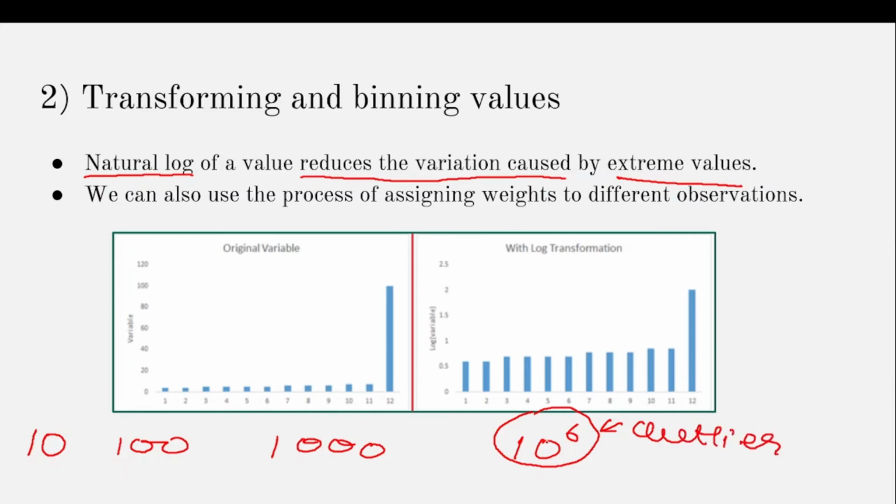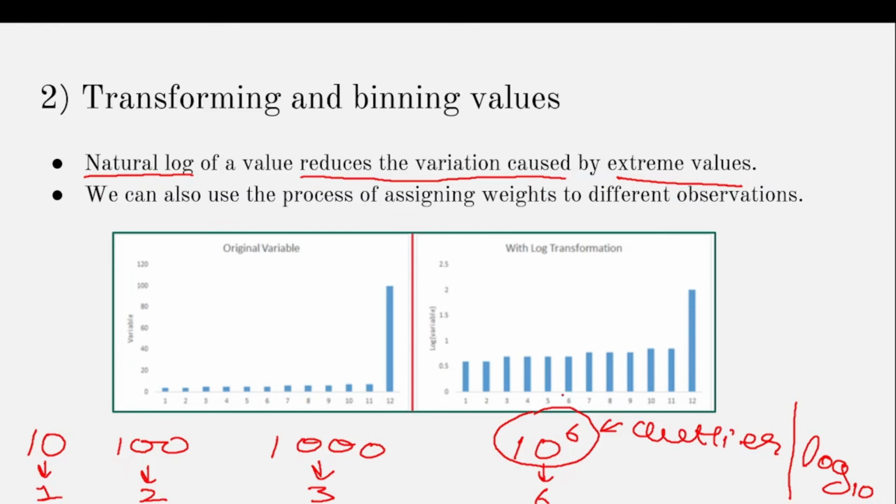Now if I take log base 10 for all these values, for 10, log base 10 will become equal to 1. For 100, log base 10 will become 2. For 1000 I will get 3, and for 10 to the power 6 it will be 6.